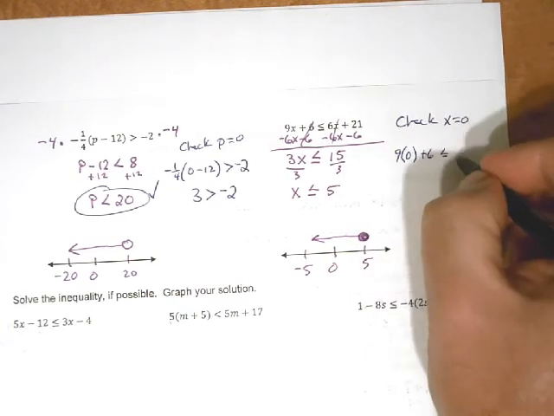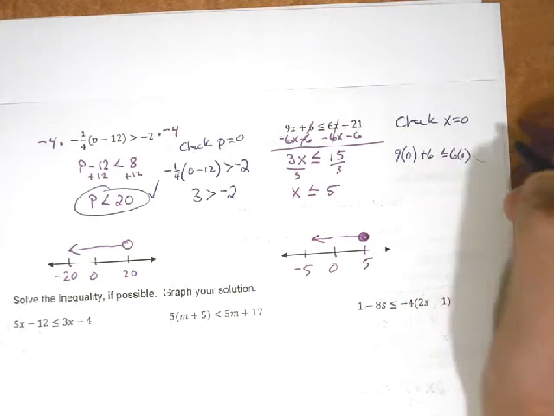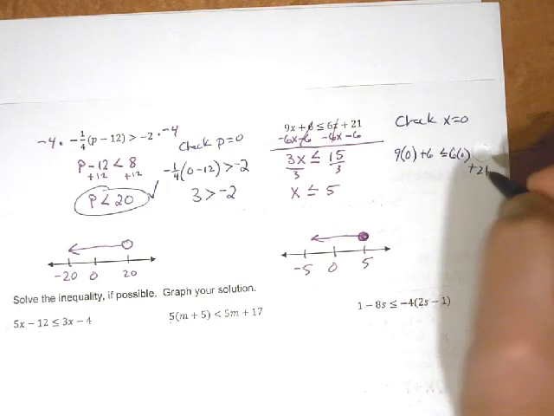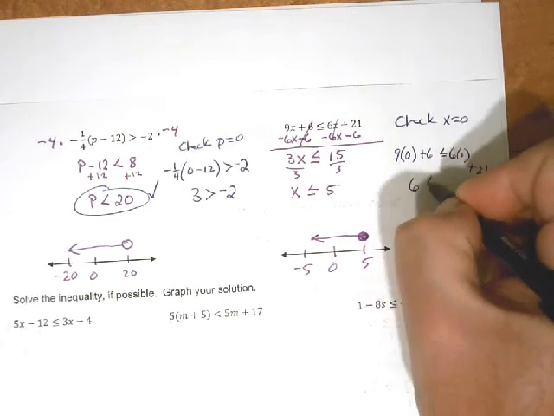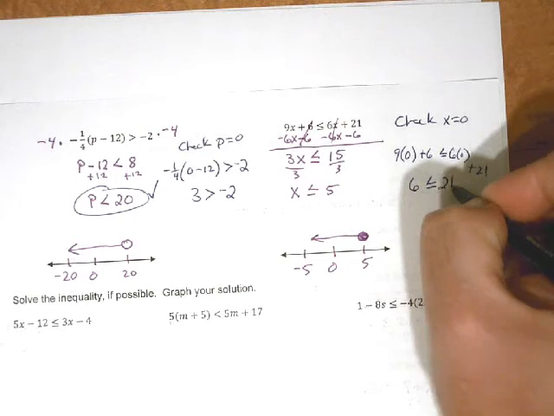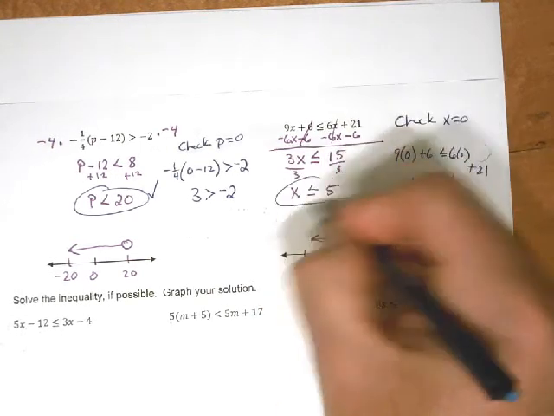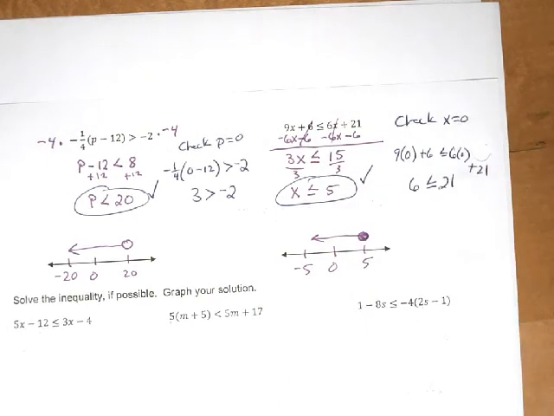So we're going to let our x equal 0. So we get 9 times 0 plus 6 has to be less than or equal to 6 times 0 plus 21. Now that's going to come out to be 6 is less than or equal to 21, which tells me my answer is 100% correct.